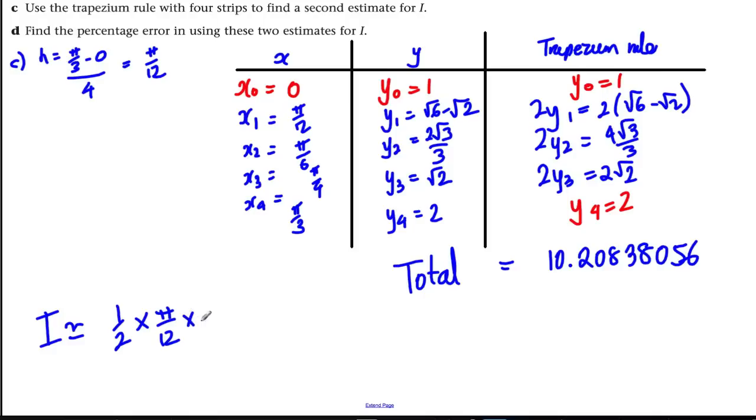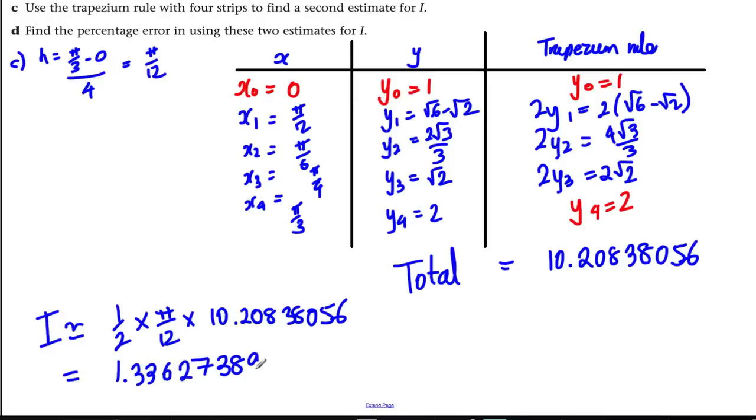10.20838056 times 0.5 and times pi by 12, and you get yourself 1.336273891.